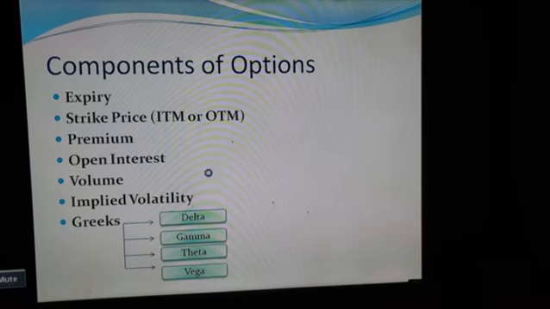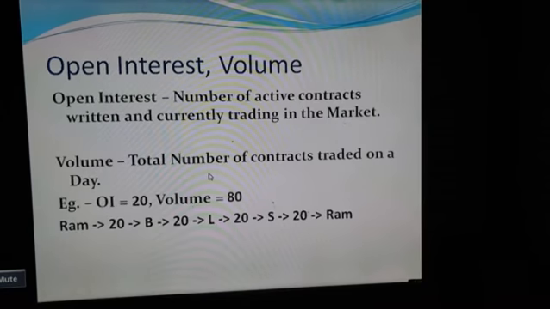Talking about open interest and volume: open interest is the number of contracts that have been written and are currently trading in the market, and volume is the number of contracts traded in a day. I've given an example here. Suppose open interest is 20 and the volume for the day can be 80.